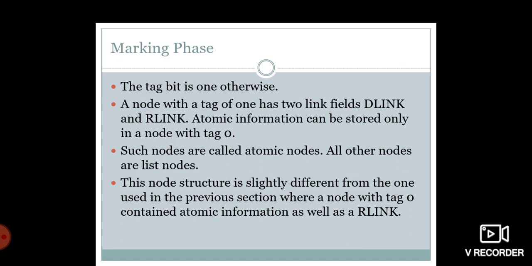An indirectly accessible node is accessible through the link fields. Mainly you have one bit field called mark, and the other bit is for the tag. If tag is equal to 0, then it is atomic information. If tag is equal to 1, then it is a list node. It will not hold any information, whereas it will have the link to the other node.